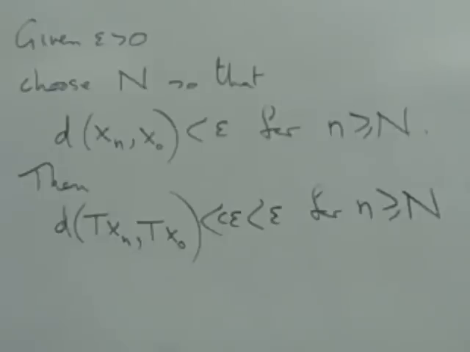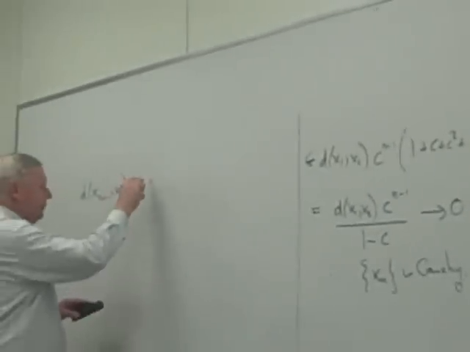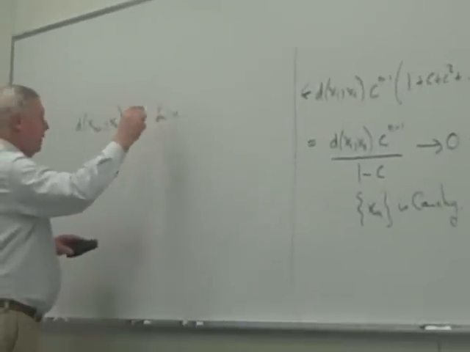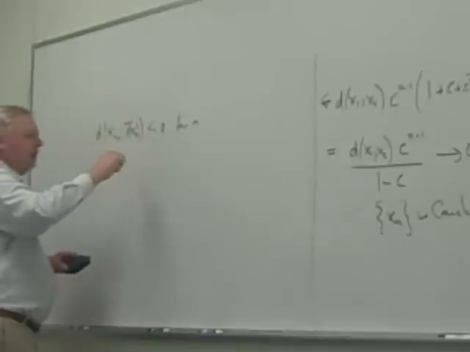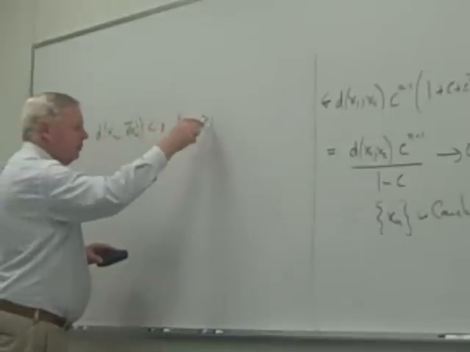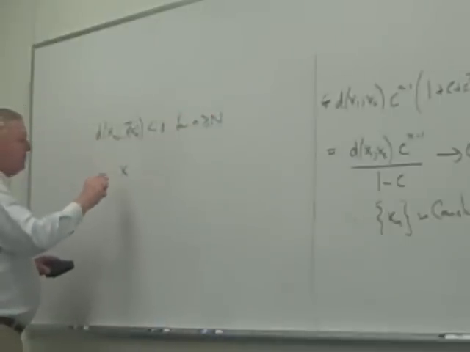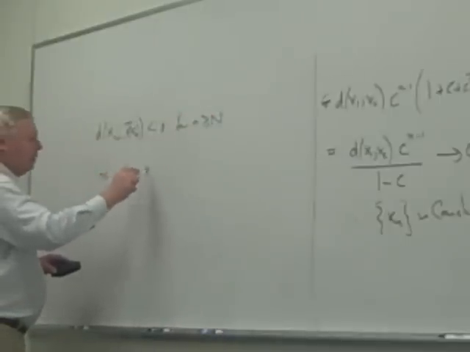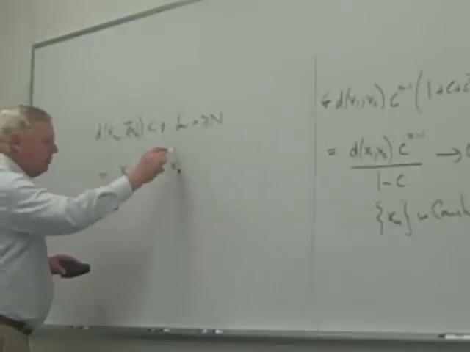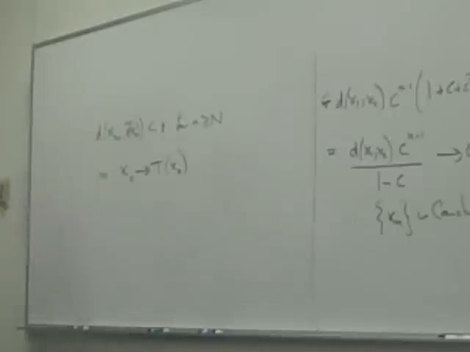So the distance from xn plus 1 to T of x0 is less than epsilon for n greater than or equal to capital N. And what that says is that the sequence xn converges to T of x0.